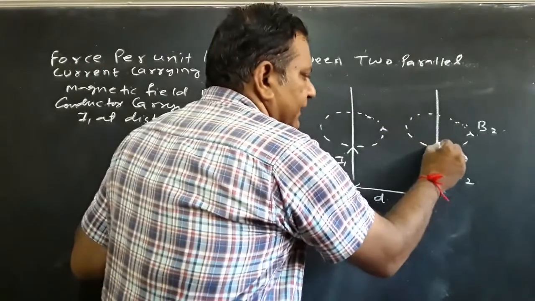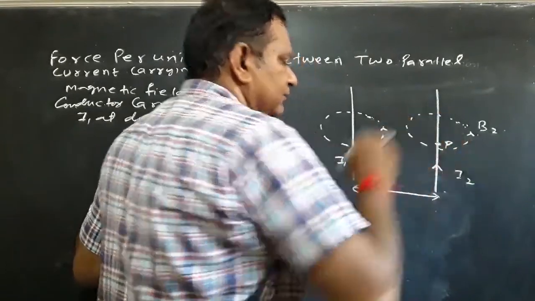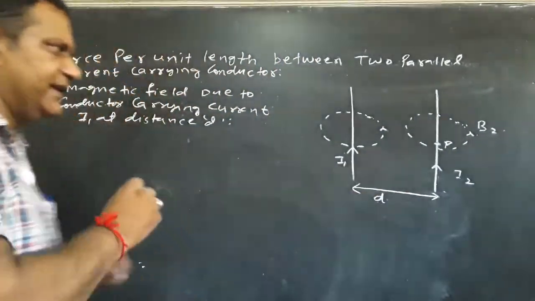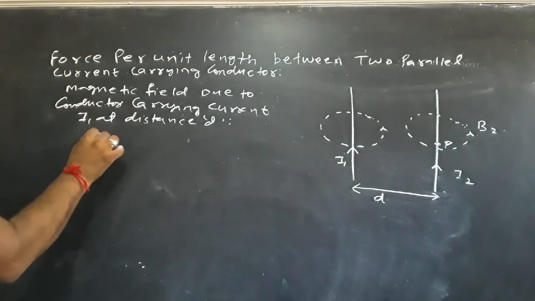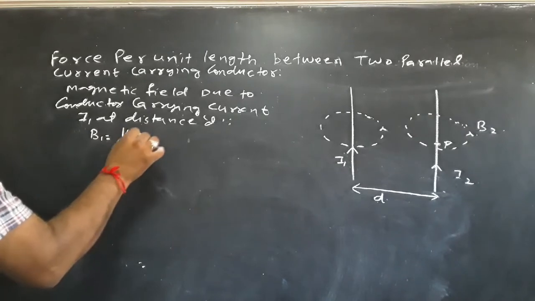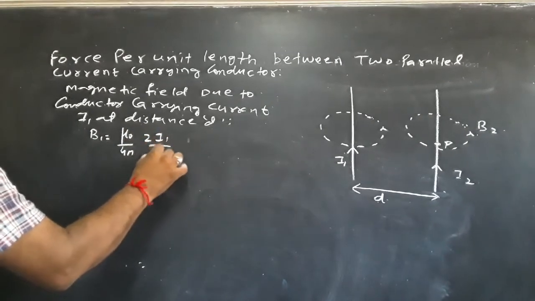Suppose this is a point P here. The distance between the two conductors is D. So we can write here magnetic field B1 is equal to mu naught upon 4 pi into 2 I1 upon D.